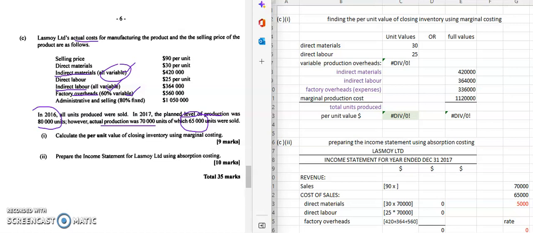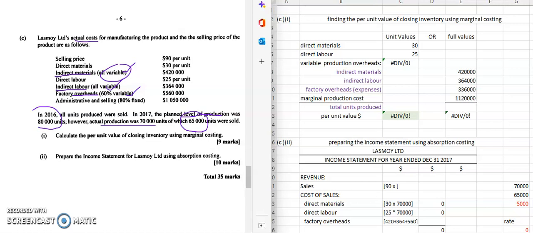So it will be the materials, which is already variable since that changed by the number of items produced, the labor, and then these indirect variable activities. So we got unit values already. So the materials is $30 per unit. The labor was $25 per unit. So all I needed now was to get the per unit value of the overheads.